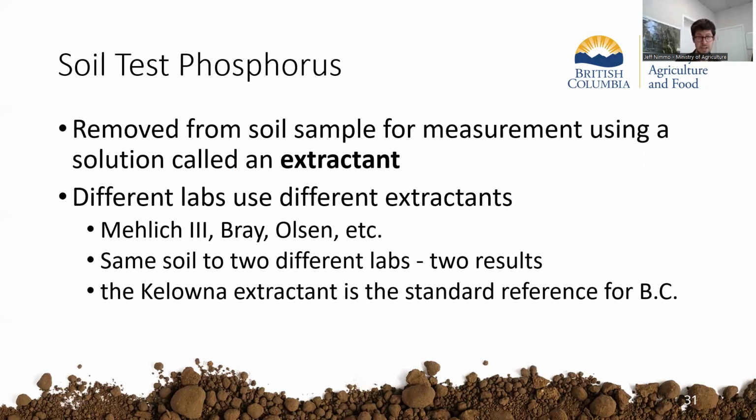So you should expect that. And if you want to be able to compare between labs, you probably need to be looking at converting the values. But overall, we don't really recommend trying to make that lab to lab comparison, just because it's more than just the extraction process that's different. Labs will have their own variations on handling processes that overall could result in some differences that makes comparing difficult.